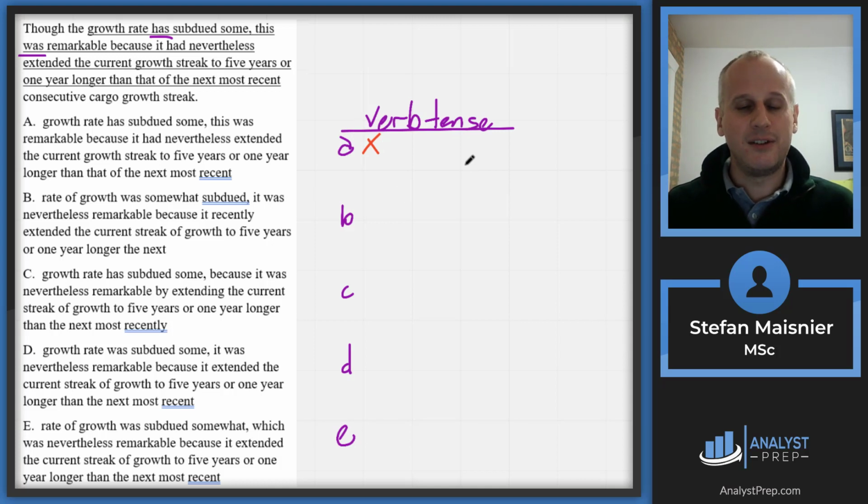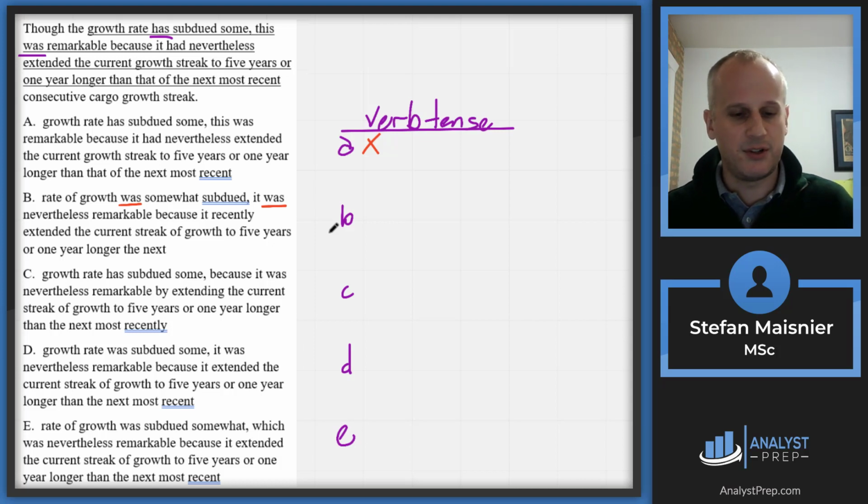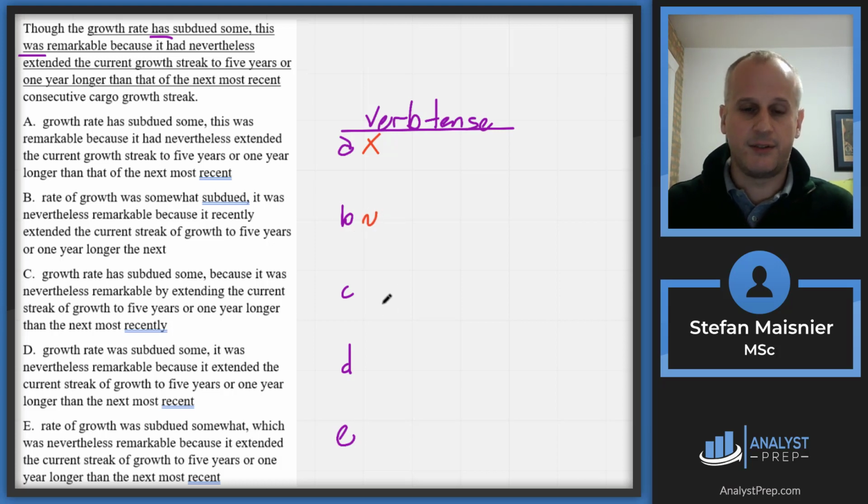Then we want to look at our verb tenses to see if there are any other answer choices that repeat that category of error. Now, in choice B, we have "was," and that's at least the proper parallelism, so we'll hold on to B for now, and we're just focusing on verb tenses at this point.